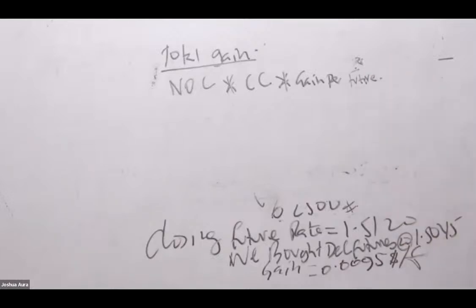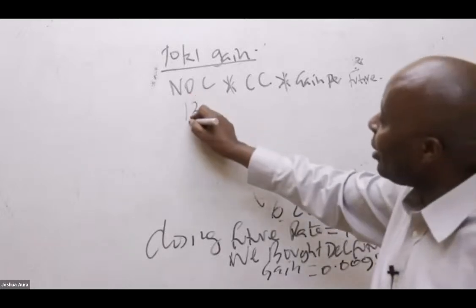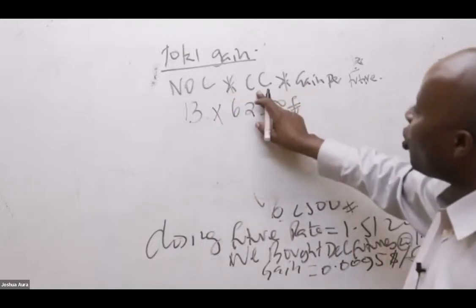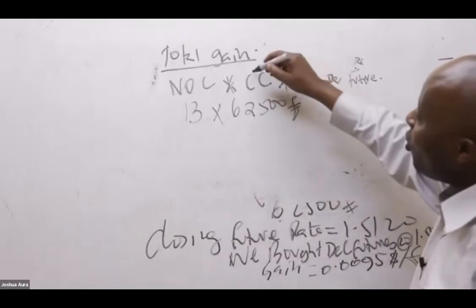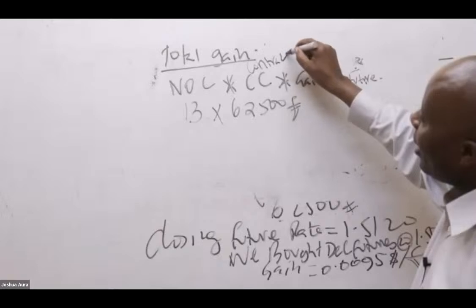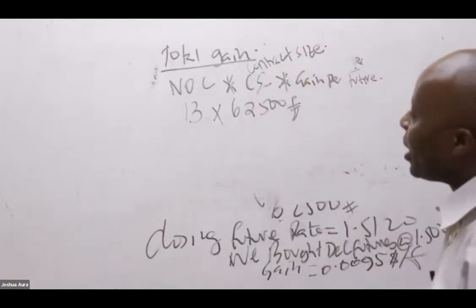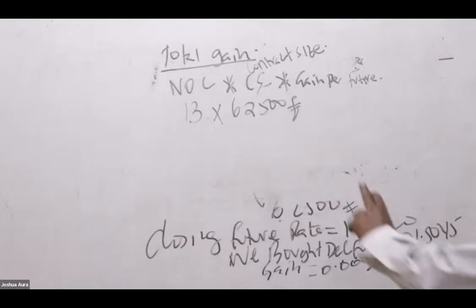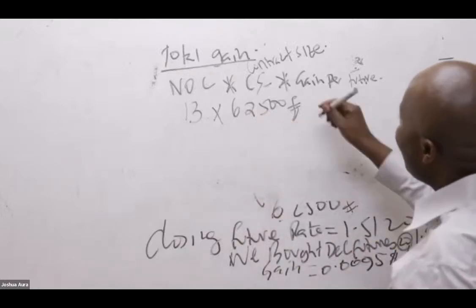If they've given you contracts, you take the number of contracts, which in this case are 13, times 62,500 pounds, the contract size. So number of contracts times contract size, 62,500, times the gain per future.